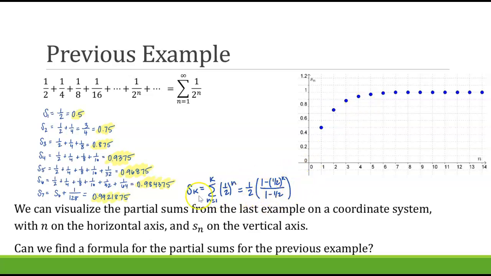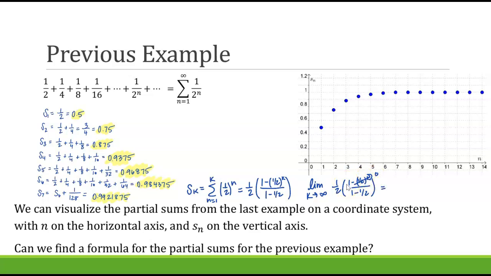So this formula right here, which is the general term for our partial sums, if I take the limit as k approaches infinity of that (1/2) to the k, 1 minus (1/2) to the k, what's going to happen is that (1/2) to the k as k approaches infinity is going to go to 0. So that piece right there is going to go to 0.